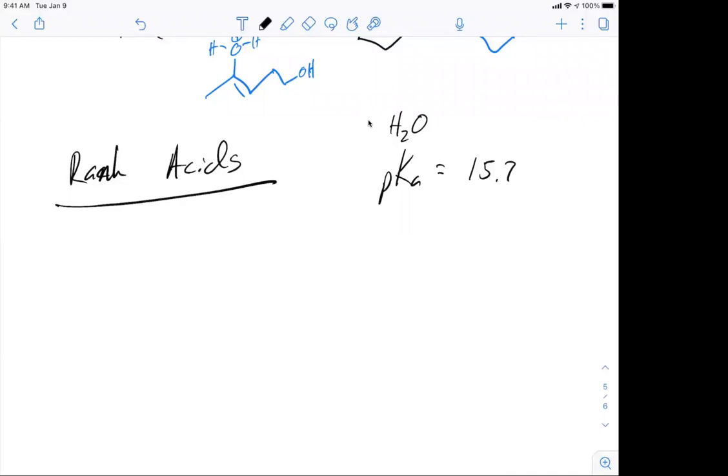So let's look at ranking acids more based on the qualitative concept.